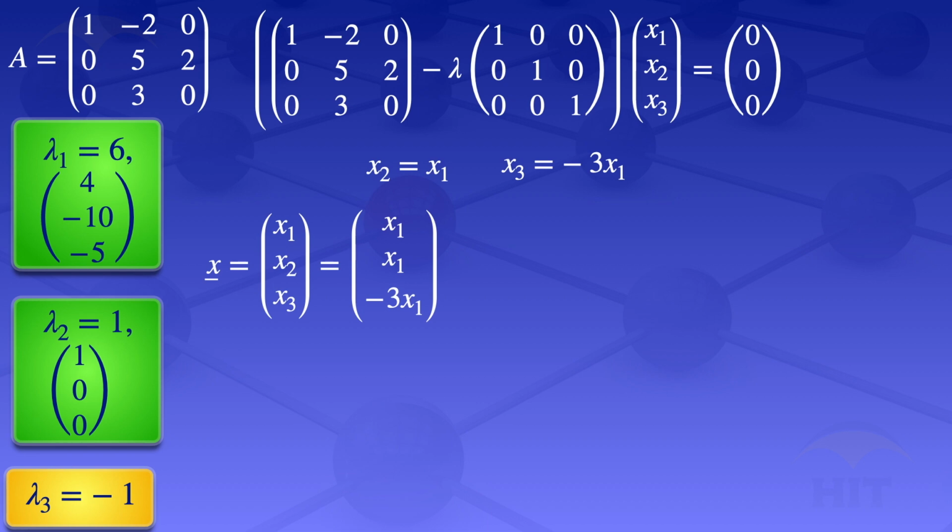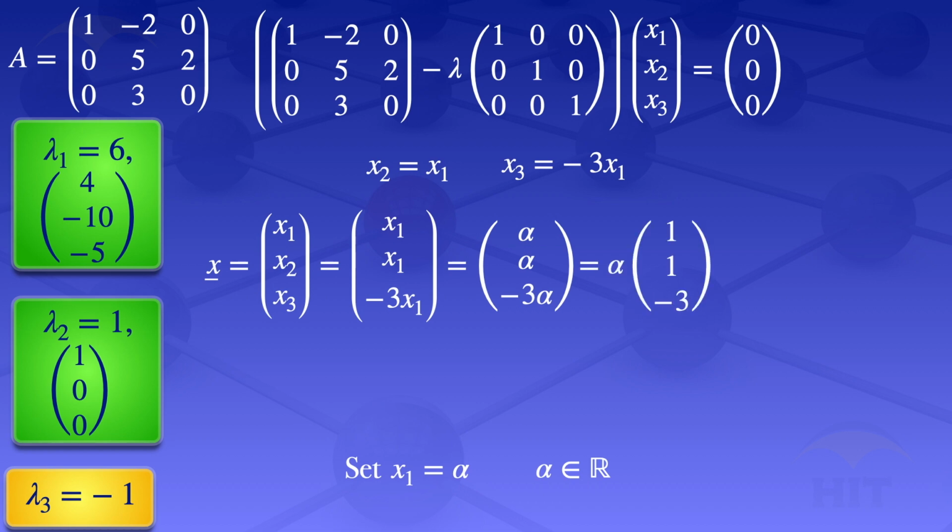Let us go on and set x1 equals to alpha, where alpha is a real number. Our vector then becomes alpha, alpha, minus 3 alpha. Alpha is a real number, therefore we can factor it out there. Then we have alpha multiplied by 1, 1, minus 3. That vector there, 1, 1, minus 3.